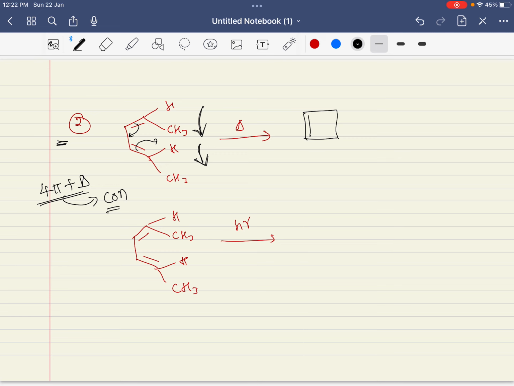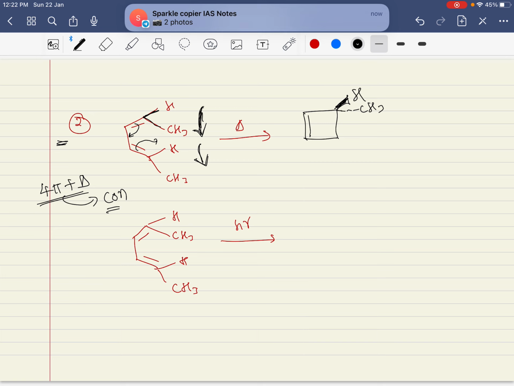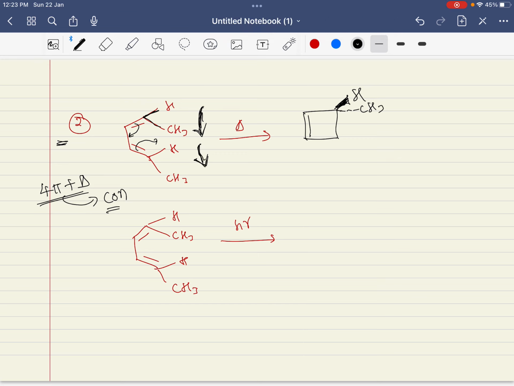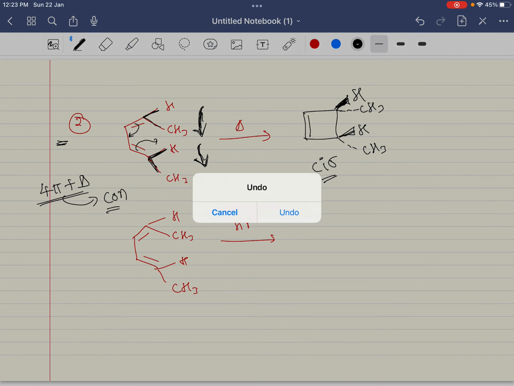So if I move these two groups in this direction, H comes above and CH3 goes below. This wedge indicates that the group is above. This dot indicates that CH3 is below. Here if we move like this, these two groups, H comes above and CH3 goes below. The product is trans.